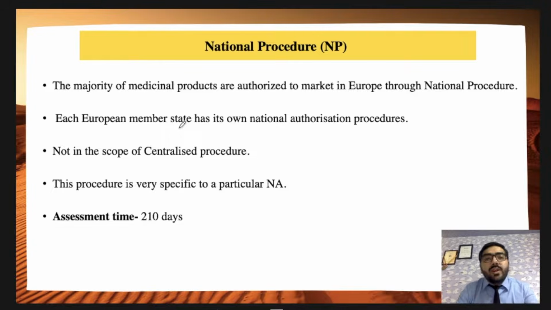The majority of the medicinal or drug products are authorized to market in Europe through this procedure. Each European member state has its own national authorization procedure. In Europe, there are so many states, and each has its own national authorization procedure, and this national procedure is not in the scope of the centralized procedure.